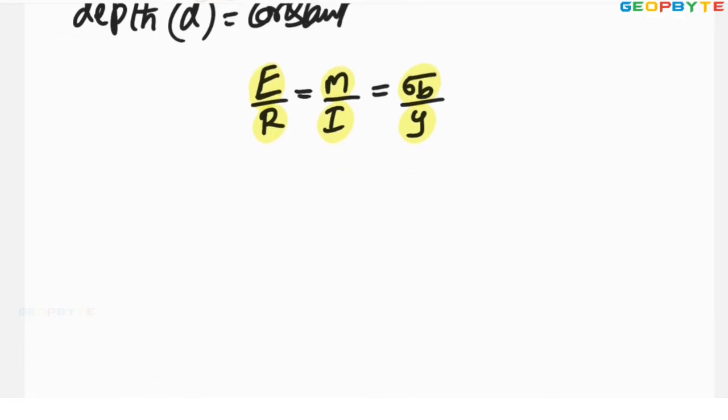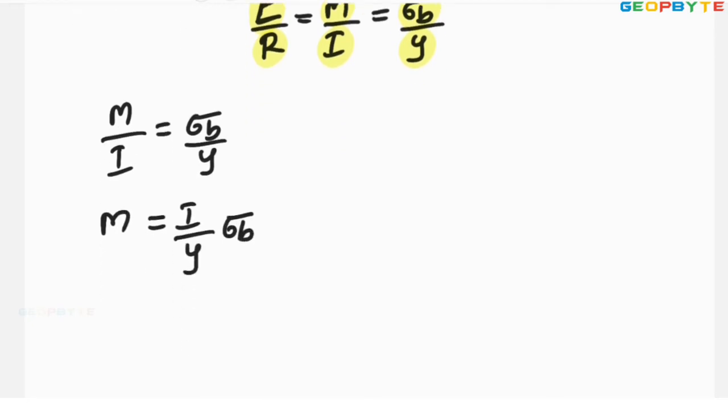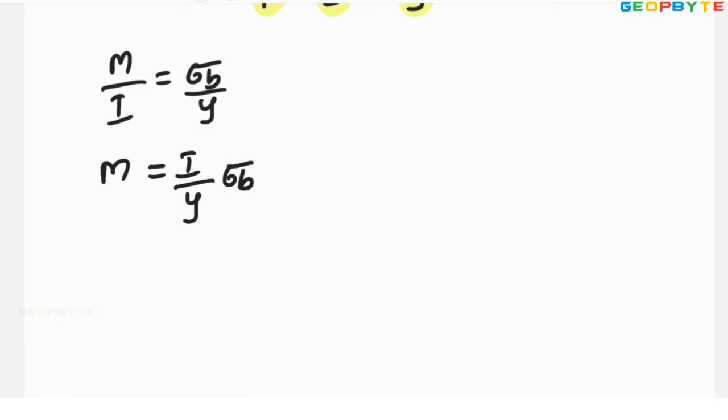Now let us take this relation M by I equal to sigma B by Y. M equal to I by Y into sigma B, where sigma B equal to bending stress.